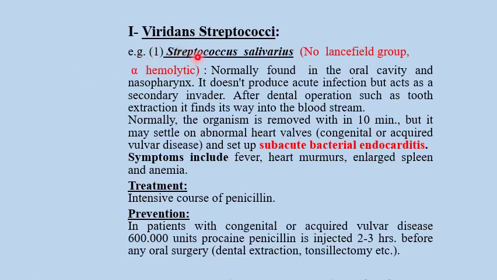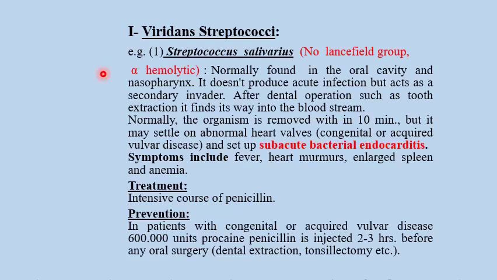Its nomenclature, Streptococcus salivarius, and the word salivarius comes from saliva. So this helps us to know that it is usually existing in the mouth. So it is normally found in the oral cavity and the nasopharynx. It doesn't produce acute infection but acts as a secondary invader.